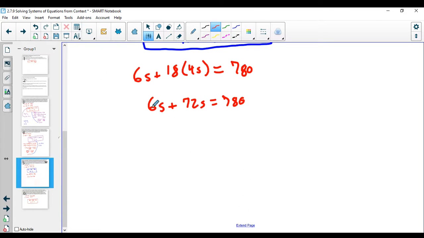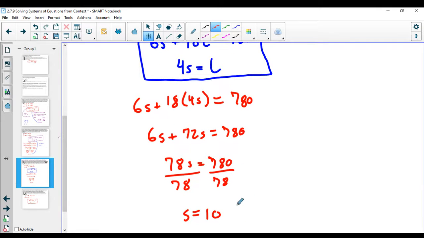And this one's kind of nice. 6 plus 72 is 78S. Right, divide by 78. And we should get that S equals 10. Okay, so we have S equals 10.